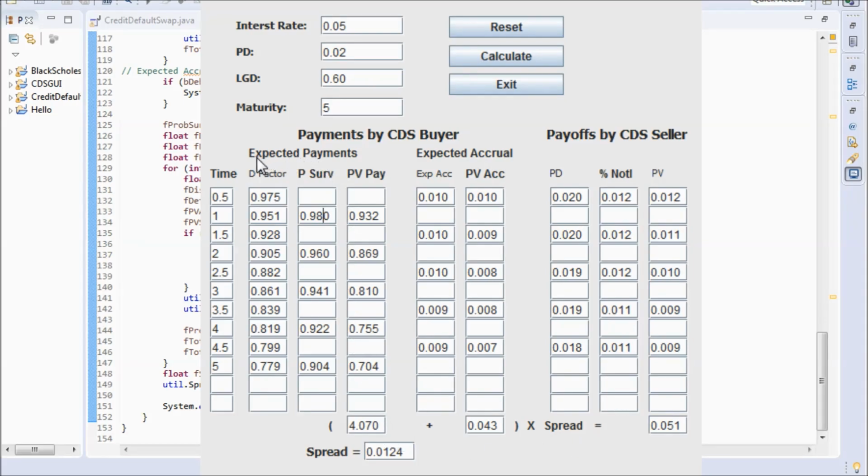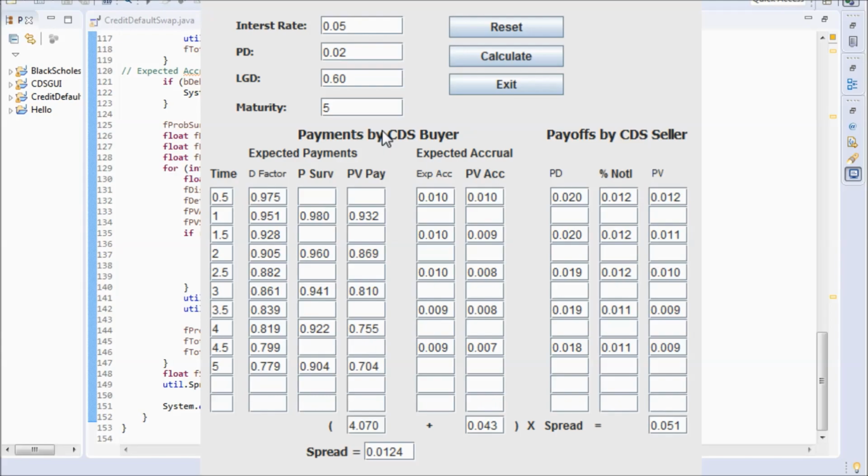We sum up expected payments and expected accrual, and times the spread should equal the payoffs by the CDS seller. And because we have all those amounts available, we can solve for this CDS spread. And in this example, with those parameters, we can see the spread is 124 basis points.